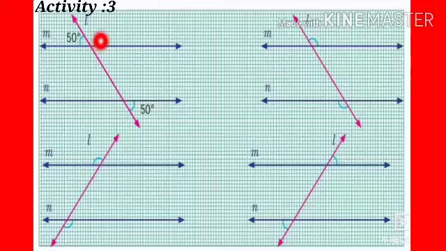Since they are linear, their sum is equivalent to 180 degree as we know already. Therefore, we can easily find the other angle of this linear pair by equating the sum of these two angles to 180 degree. That is 50 degree plus x degree is equal to 180 degree, which gives x degree as 180 minus 50, which is 130 degrees.